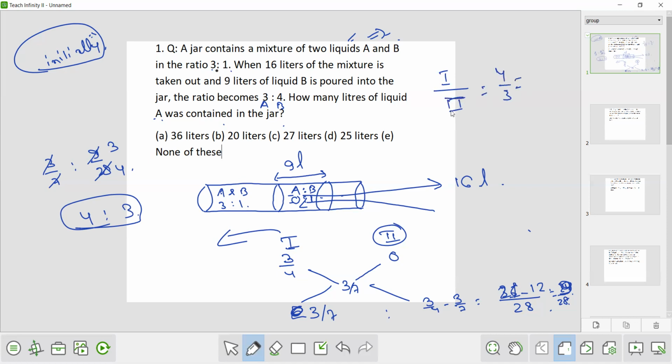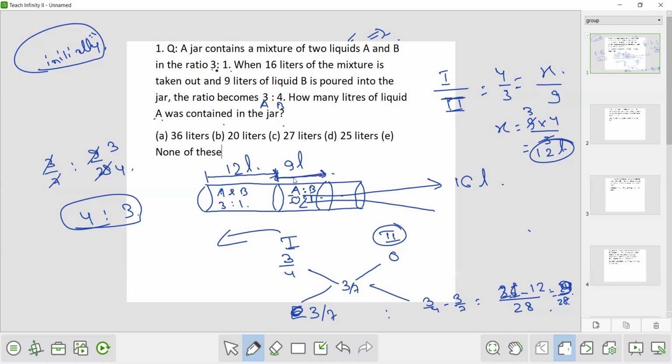And now we know the full quantity of mixture 2, that is 9 liter. So what is mixture 1? Let this be x. So x is equal to 9 into 4 divided by 3, that is 12. So this mixture 1 has 12 liter, and this mixture 2 has 9 liter.